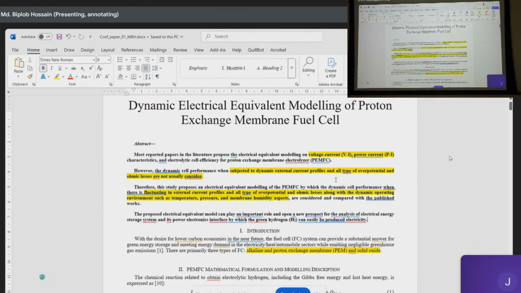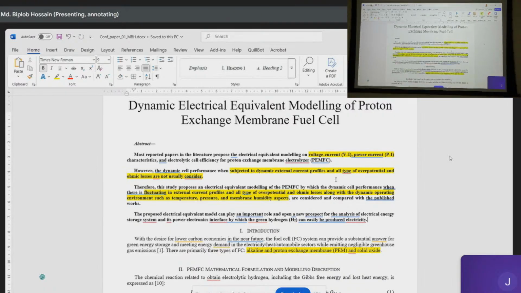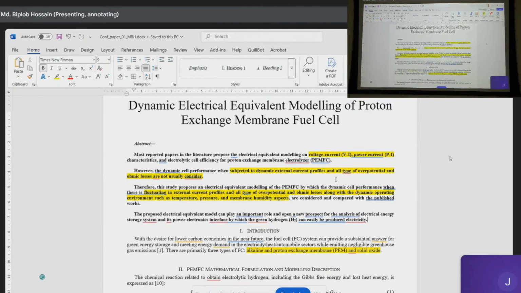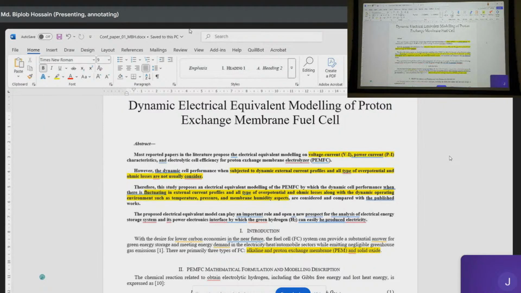Some are thermal models, some are chemical models, some are thermochemical models. From an electrical engineering perspective, we basically need electrical equivalent modeling, with resistor, capacitor and inductor.